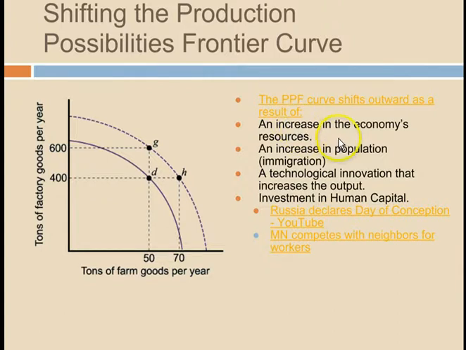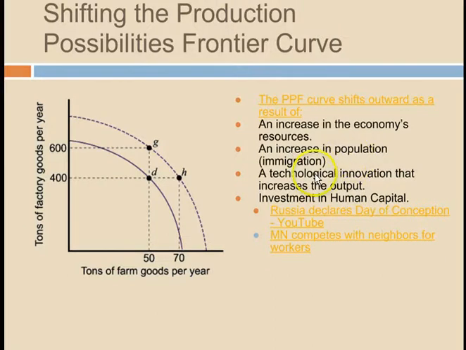So if you have oil reserves that are not being tapped for energy sources, then you could go ahead and do that. You could also increase your population, increase immigration, and hopefully with that you're going to be able to attract bright-minded individuals who may be entrepreneurs and have great ideas and resources themselves, and they could put them to use here in the state of Minnesota or the United States.